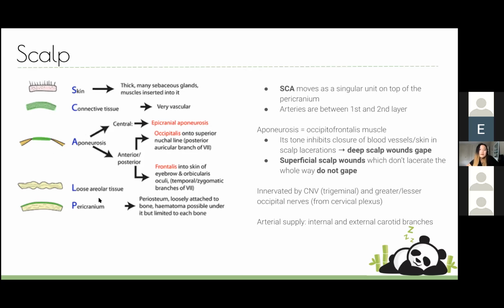And then you've got loose areolar tissue in your pericranium, which is like periosteum, so the layer that covers your bones. Arteries are in between the first and second layer, and these three layers move as a single unit. So if you like kind of move the skin on your scalp, that's these three moving.